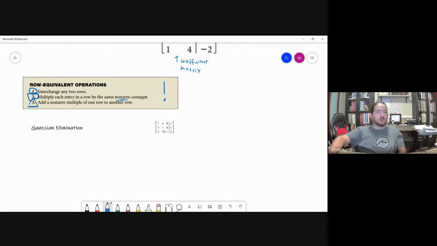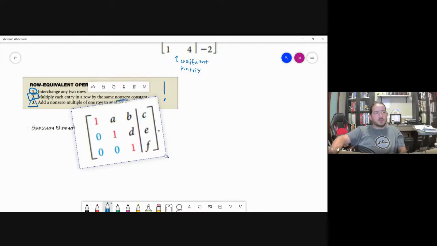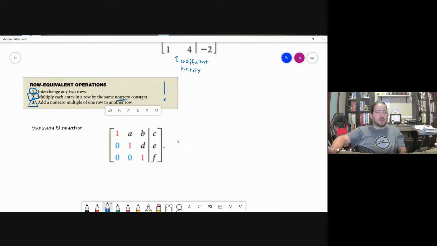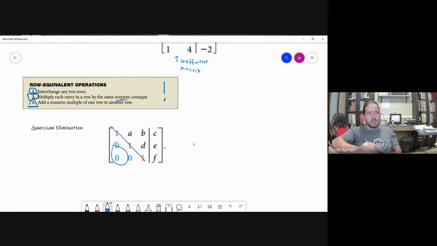And this should look familiar. We had the Gaussian elimination where we wanted to get, say, z equals k or whatever it was. But in a matrix, we just want to get it all the way down to ones down this diagonal, and then zeros below it, or to the left of it, right? Because this is my x column, this is my y column, and this is my z column.